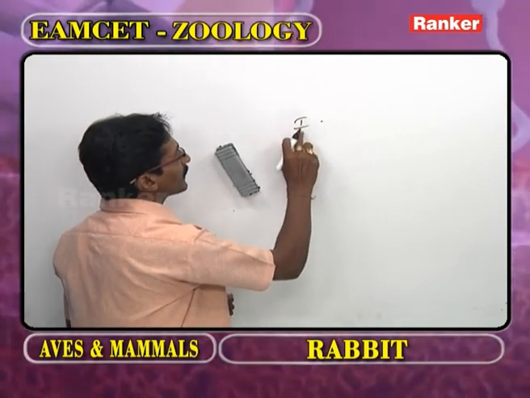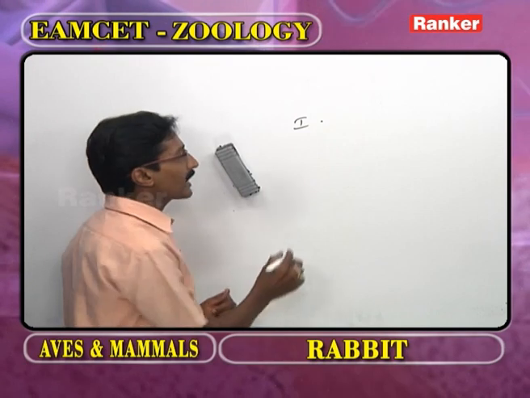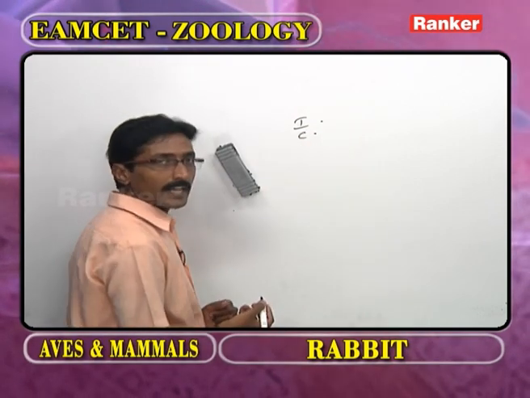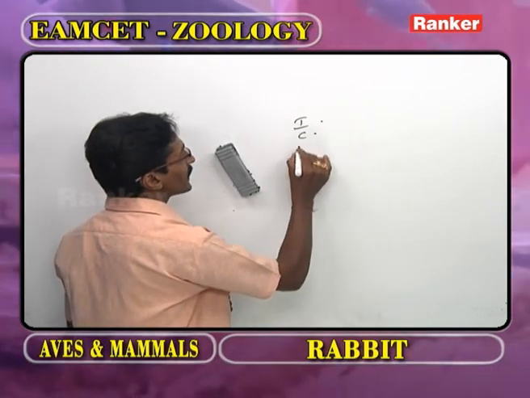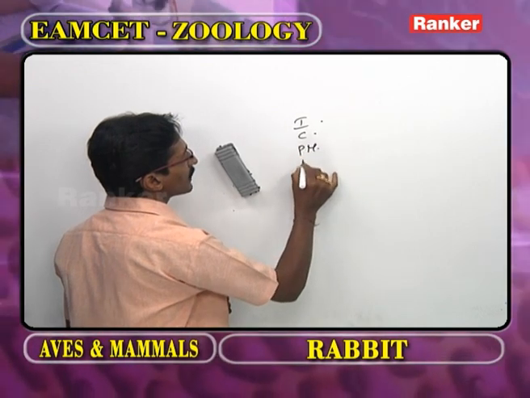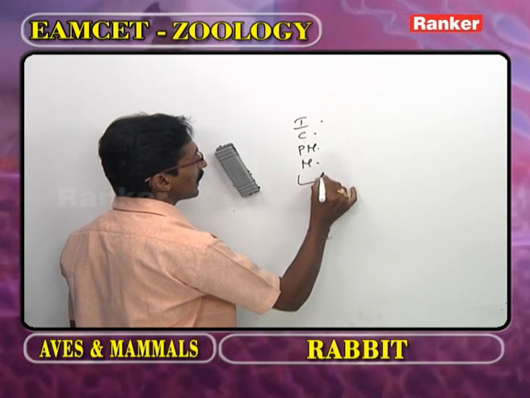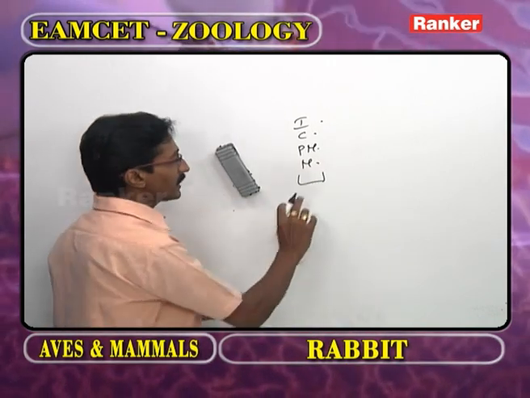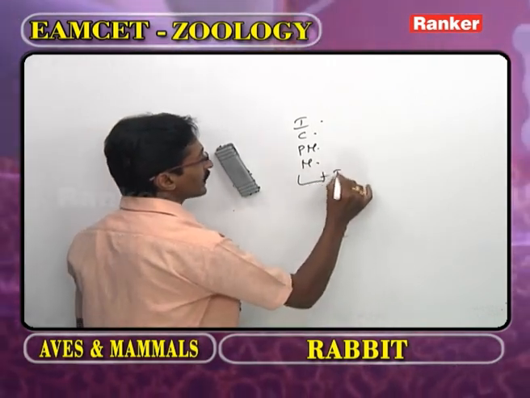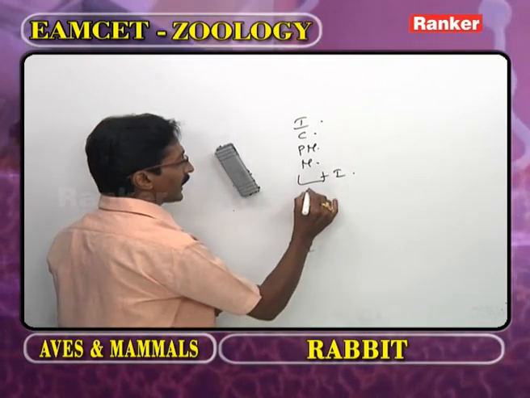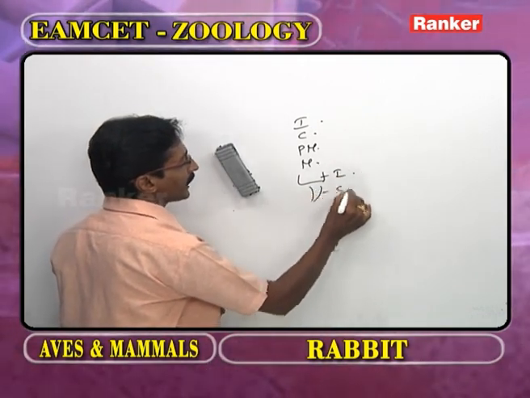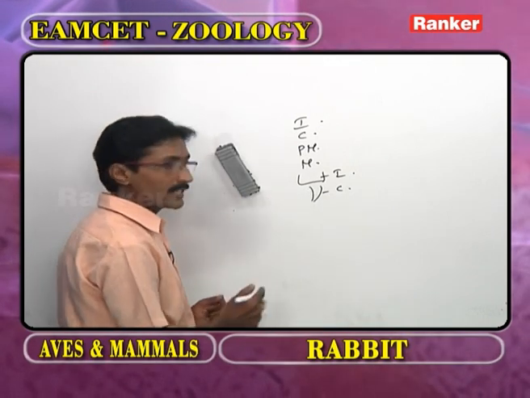We know very well, incisors indicated by I, followed by canines represented by C, followed by premolars and molars. Now, as we observe the incisors, they are broad with chisel edge. These are incisors, and these are the canines. They are curved and pointed.